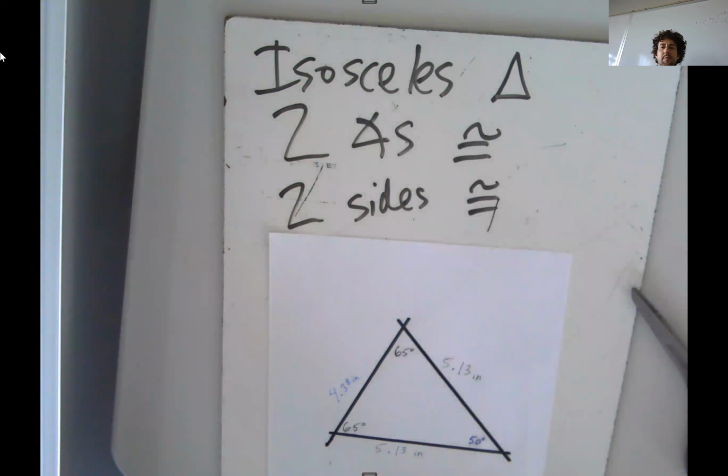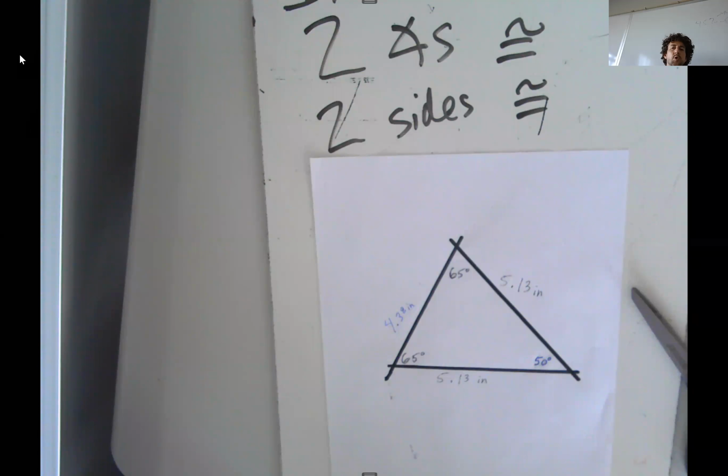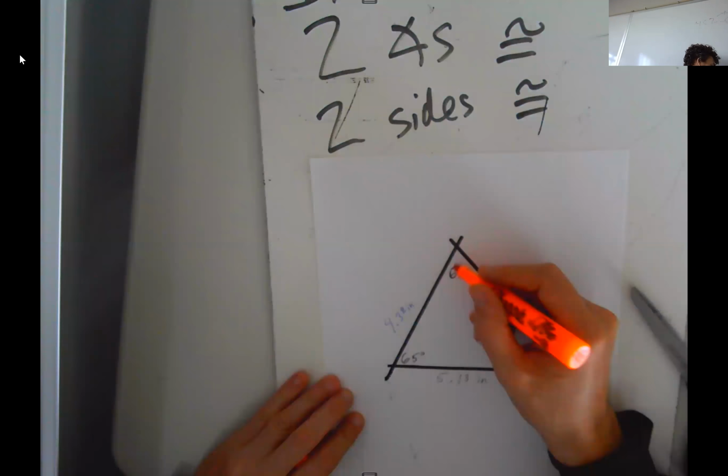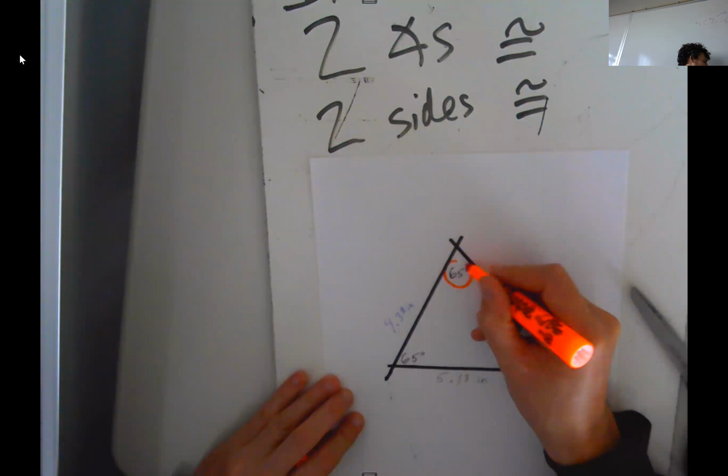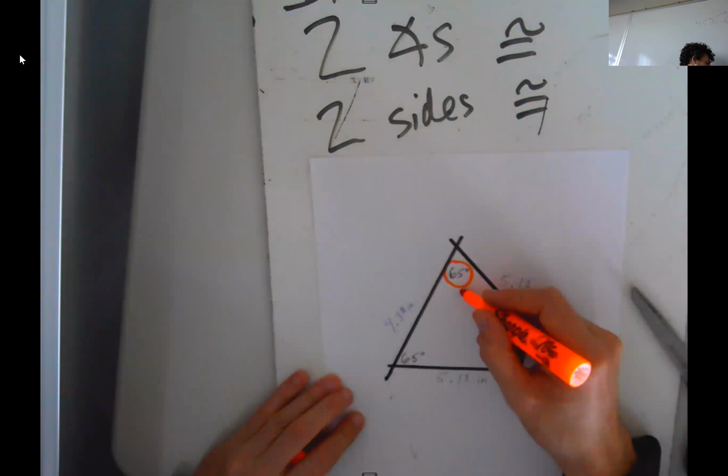So the thing that will be tricky for you to recognize in isosceles triangles is which sides and which angles go together. So what you need to do is, if they tell you that two angles are congruent, then you're going to take those congruent angles and you're going to go across the triangle.